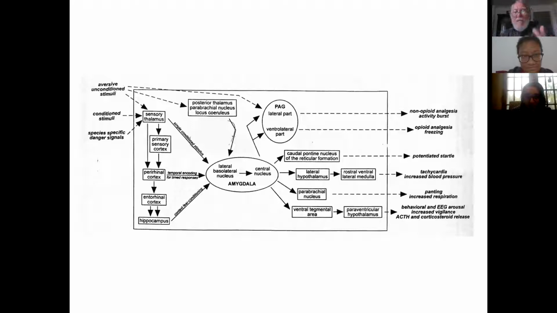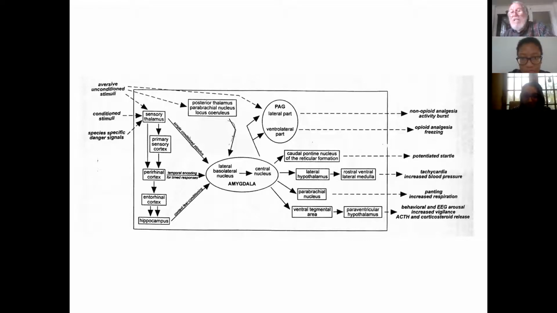But what you can see coming out of the amygdala is this unbelievable array of all types of parasympathetic responses, motor responses, enhancements of other sensory responses, and then the elicitation of complex behaviors. And notice that, yes, some of this information is coming in, but it's not coming from the prefrontal cortex telling the amygdala to do this.